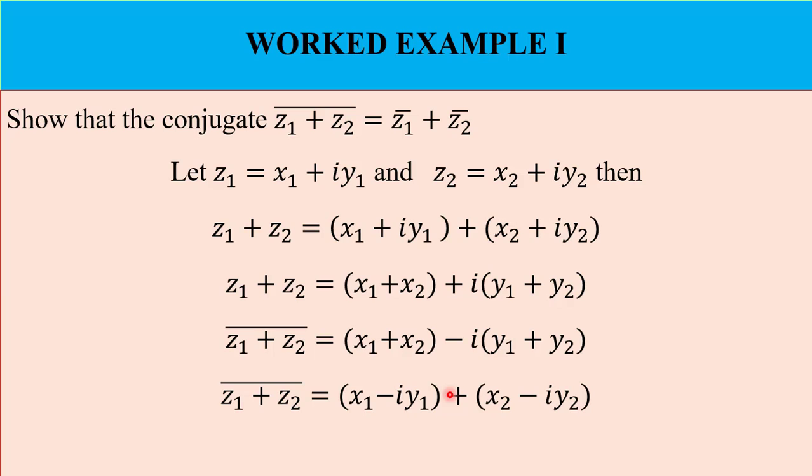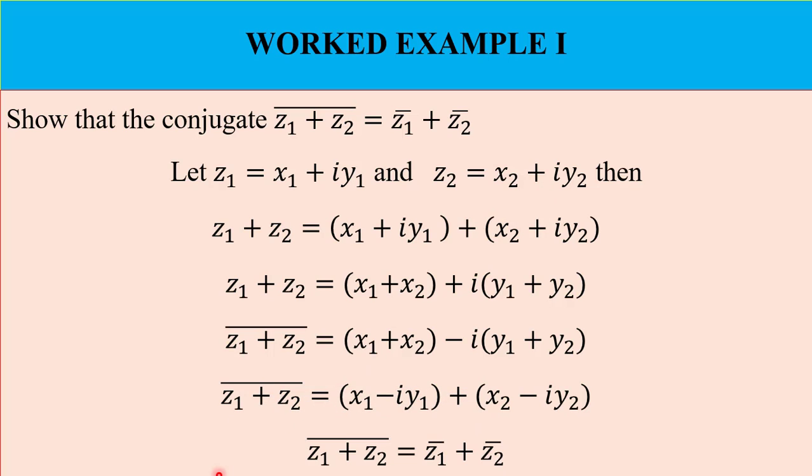If we open the brackets here, we shall have x1 minus iy1, and then here we shall also have x2 minus iy2. So this is automatically the complex conjugate of z1, and this one is also automatically the complex conjugate of z2.